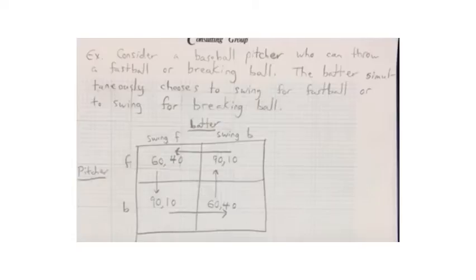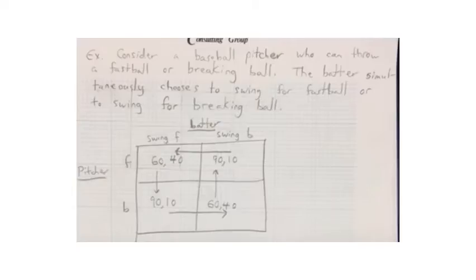And if the pitcher always pitched breaking ball, then the batter would know to swing for breaking ball, and the batter would get a hit 40% of the time again. And so you don't want to be predictable in a game like this. Similarly, the batter doesn't want to always swing for fastball.